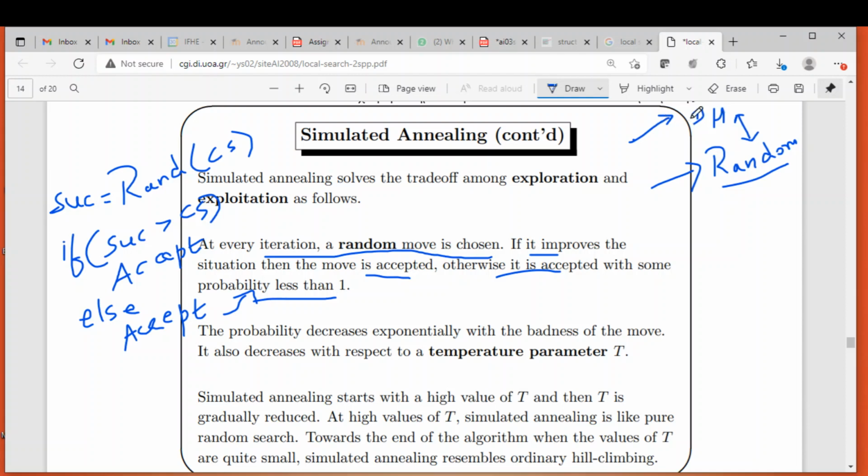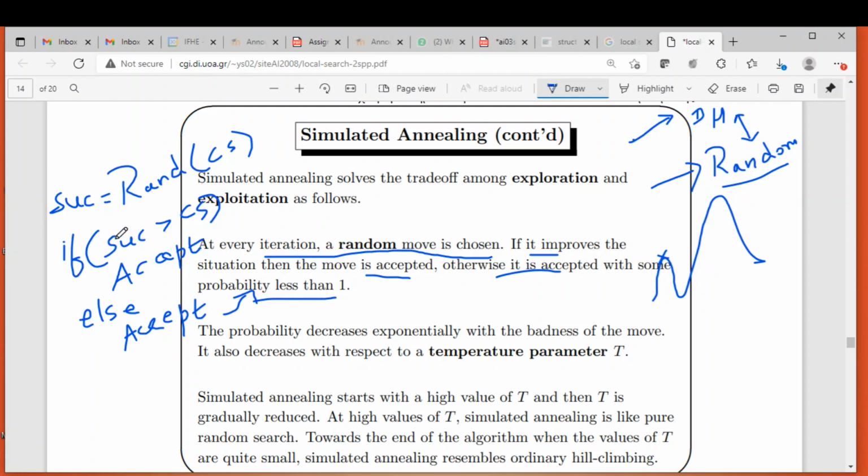It will not come down at all. What is the problem if you never come down? You may get stuck in local maxima, and then you never come down and will never reach the global maximum. So sometimes you should come down, but not every time.